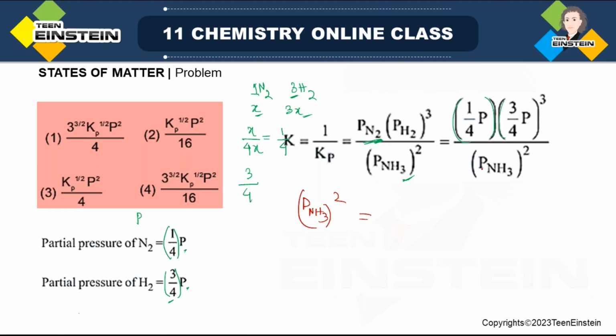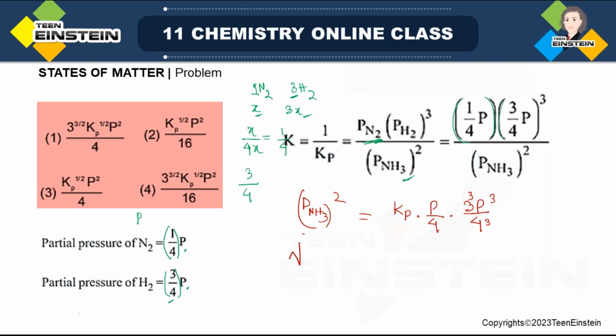So if you do so, in the right hand side, what changes are you getting? Kp will be here, right? Then P by 4, then 3P by 4. Basically, it is 3 to the power 3, 4 to the power 3, and P to the power 3, right?